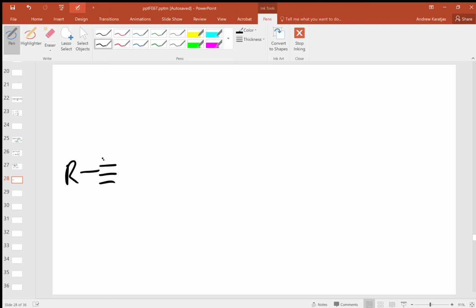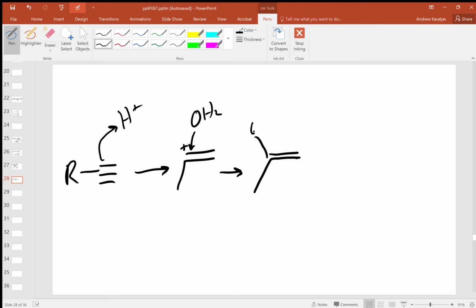But the alkyne, we do have a strong acid, gets protonated, giving us this unstable carbocation, which is immediately attacked by water. And then loses a proton to give us this alcohol.